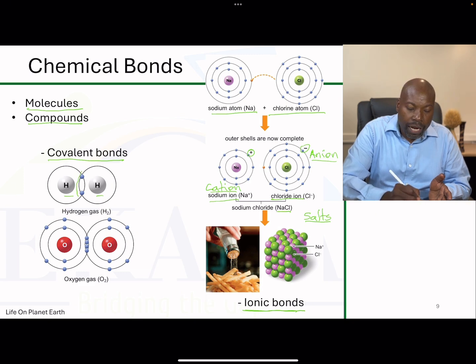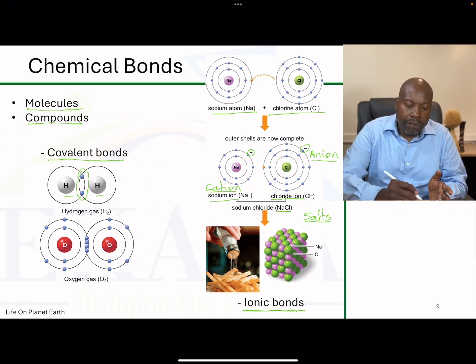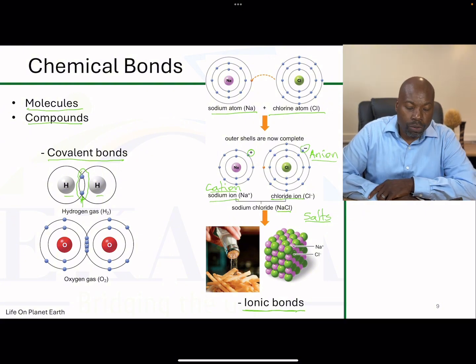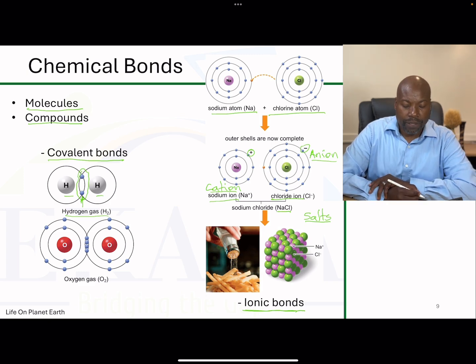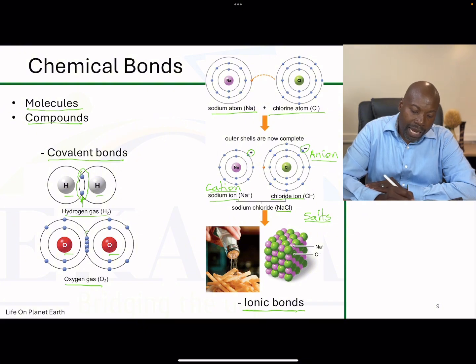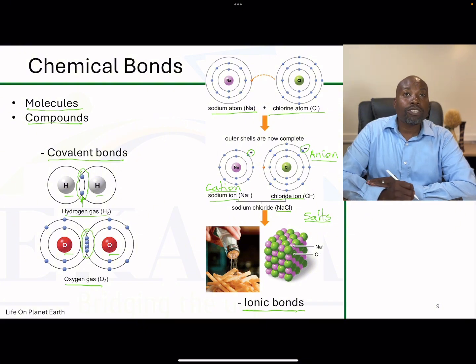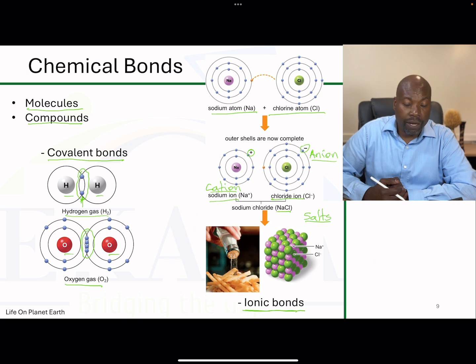They are going to share their electrons so that they each have the maximum electrons in their outermost electron shell, so that we have hydrogen gas here. How about oxygen? Oxygen gas, it's one oxygen atom and another oxygen atom, right? They are sharing their electrons here to actually fill out the outermost electron shell. That's another covalent bond here, there.